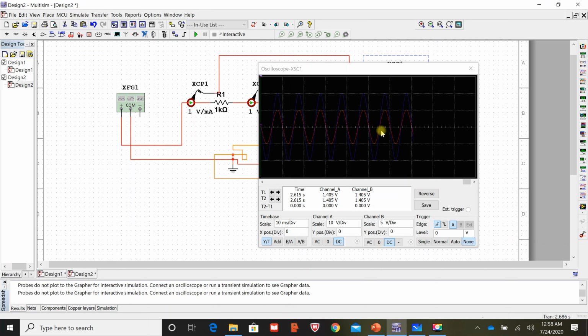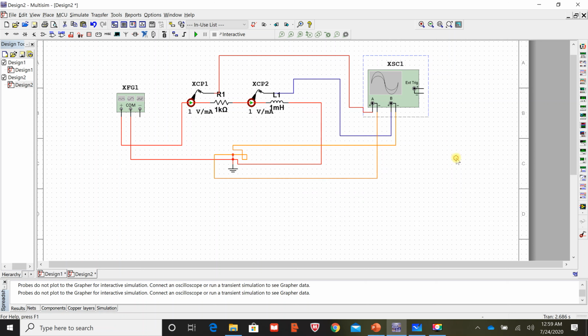So this means that this is showing me the current waveforms. So आप यही एक additional circuitry है जिसके थ्रू हम current waveforms को oscilloscope के ऊपर observe कर सकते हैं.